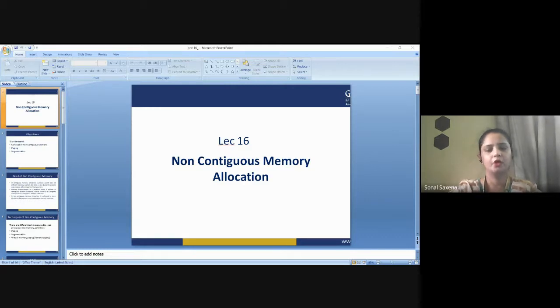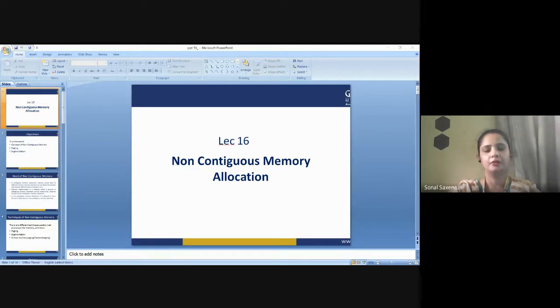Today, in continuation with lecture number 15, I'm going to cover what exactly is non-contiguous memory allocation. In the last lecture, we saw contiguous memory allocation, which is a scheme used by the operating system for allocating space to processes. In it, we saw two partitioning schemes, fixed partitioning and variable partitioning, wherein different strategies are used to allocate space to processes.